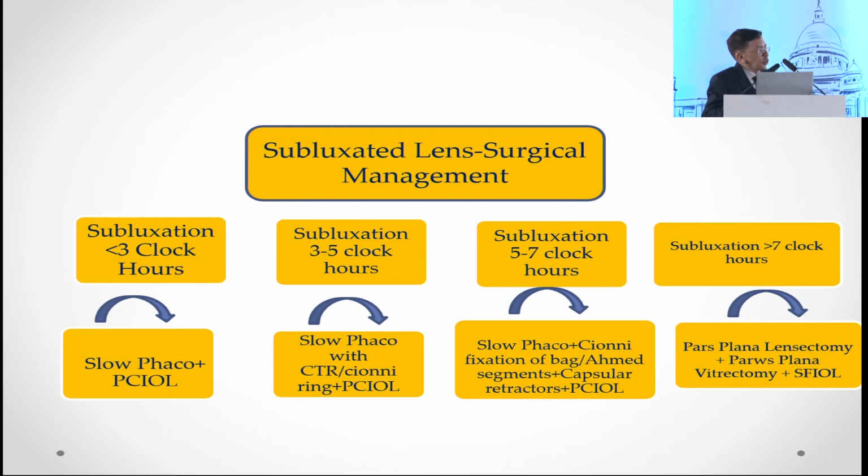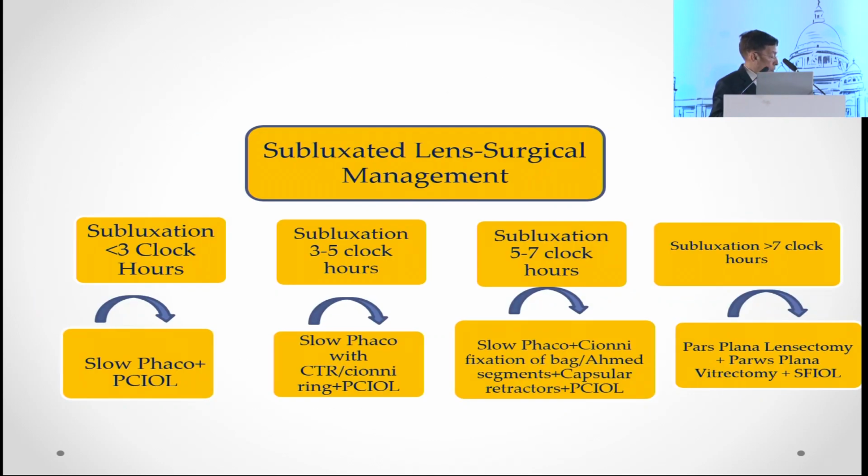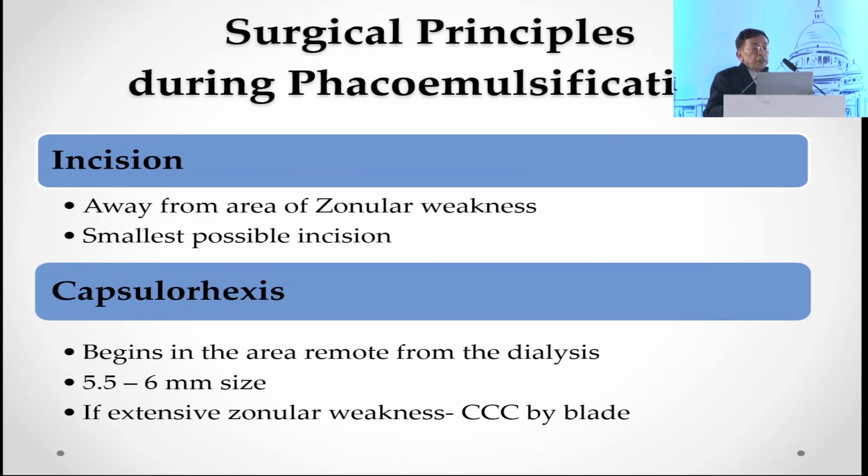In short, if the area of zonular dialysis is 3 o'clock, 5 o'clock, or 5 to 7 o'clock, you can plan accordingly, whether you want to use a CTR, go without a CTR, or you have to go for a glued IOL. The basic principle is that the incision should be away from the area of zonular weakness, and as small as possible.